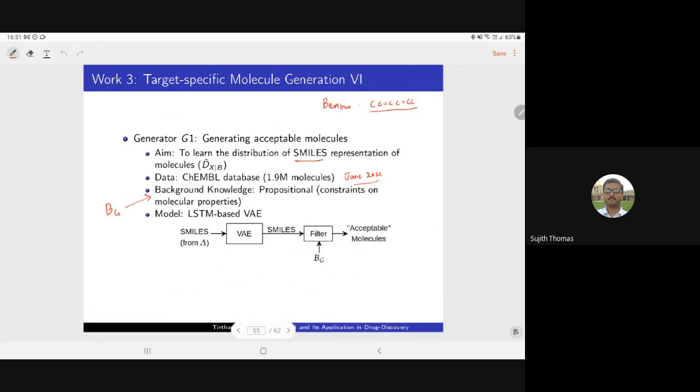For this, we use a very simple deep model structure, which is an LSTM-based VAE. LSTM because we are dealing with sequences, and VAE because we want to construct the distribution. It's a variational autoencoder. It takes the SMILES strings, roughly 1.7 million, because we keep some of those for testing the VAE while training.